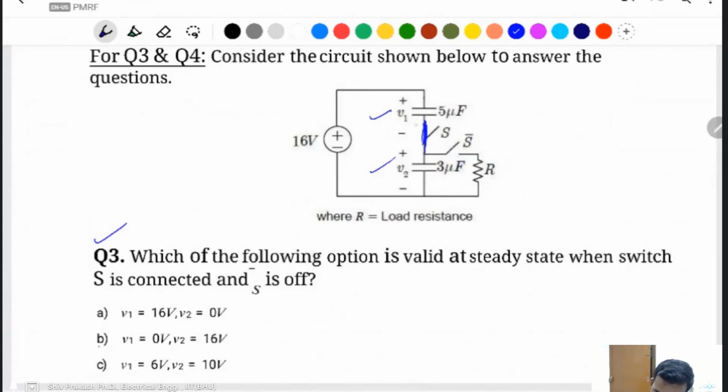Then what is the voltage division of V1 and V2? Anyone guess? This is a simple question. We have to apply the capacitor potential divider.